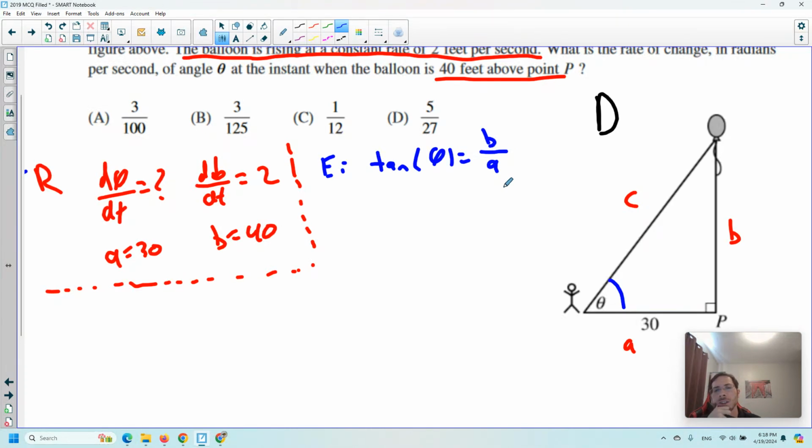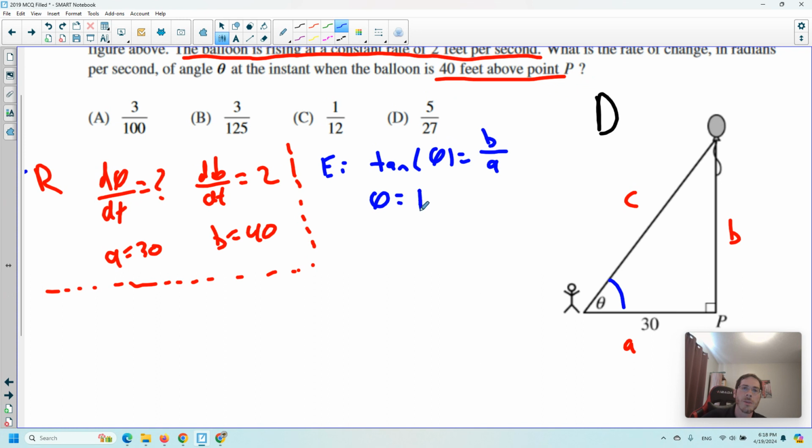So tangent of theta is B over A. Well, we got two options. We can either go with the inverse tangent, or we can just go ahead and take some derivatives implicitly. I'm feeling like we should do some implicits here. So never mind, I take that back, because the derivative of tangent would be secant squared. Let's not do that. Let's go ahead and take the inverse tangent of both sides.